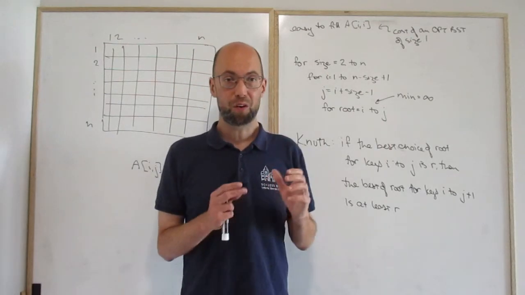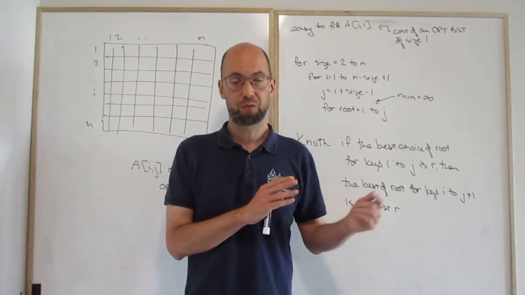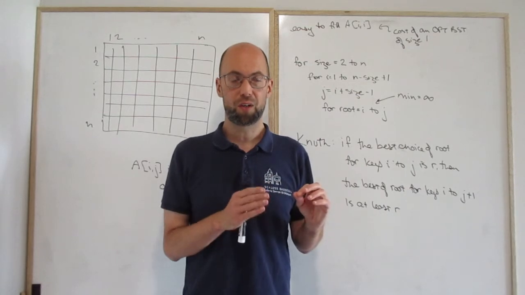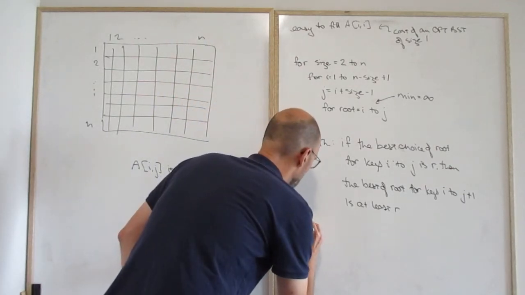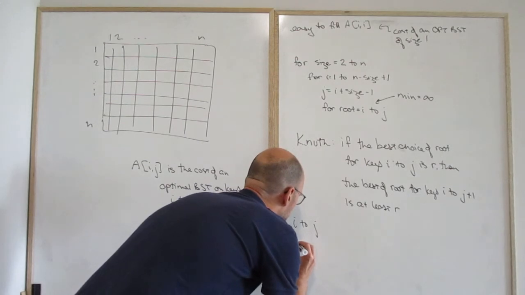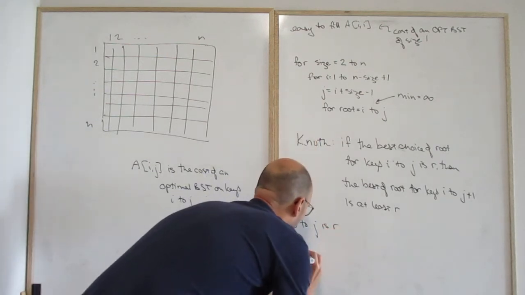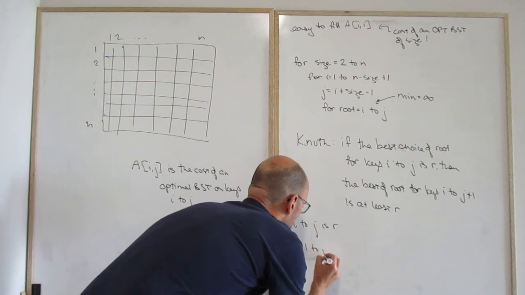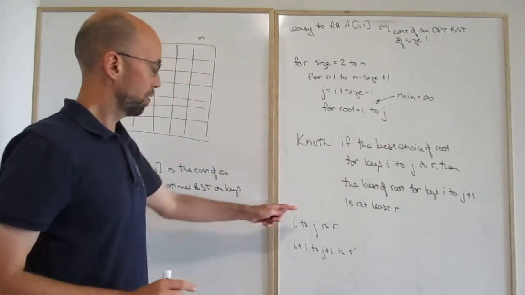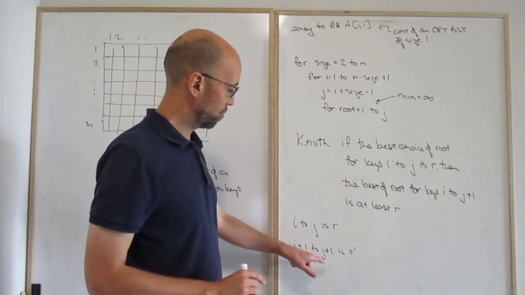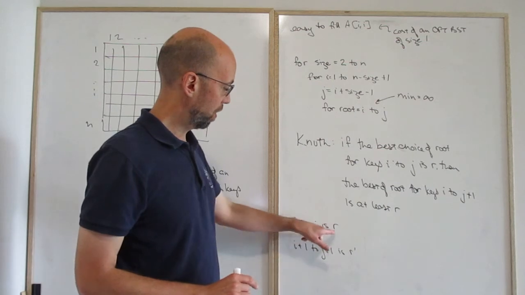well, okay, if you've already figured out the optimal roots for i to j, and the optimal root for i plus 1 to j is R, and for i plus 1 to j plus 1 is R prime, then when you're working out the optimal root for i to j plus 1, it's going to be between R and R prime.